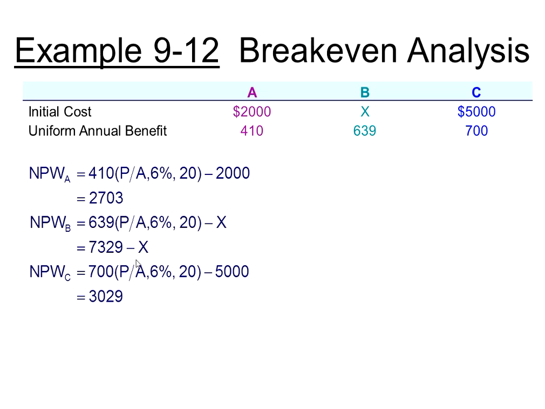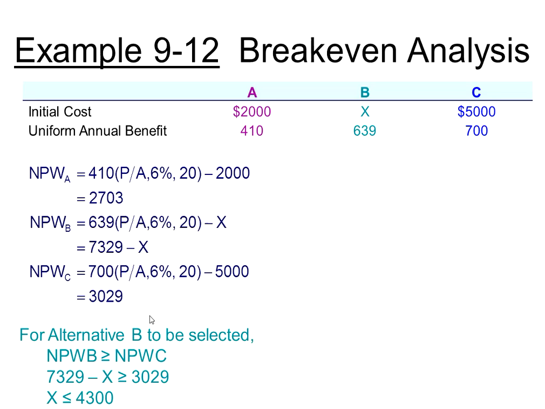Then we can compare these. 7,329 minus X, we can compare to the net present worth of A, which is 2,703, and the net present worth of C, which is 3,029. For alternative B to be selected, its net present worth should be more than that of C. Because when we compare A and C, C has the higher net present worth, so C beats A. So we're looking at the net present worth, maximizing it.